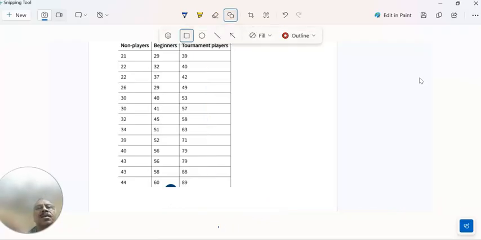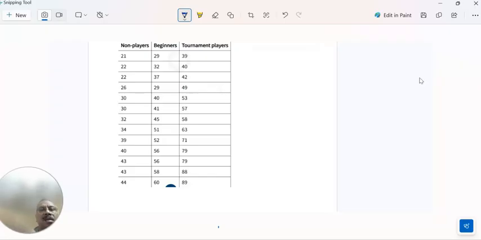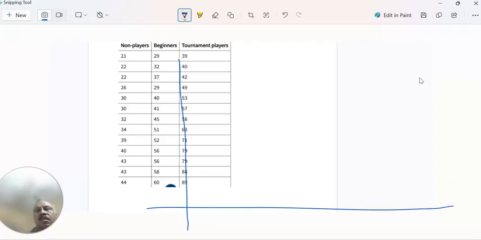Let me use a little bigger lens size. Let me clean this off. Before even doing this, it's better to also have a frequency distribution.